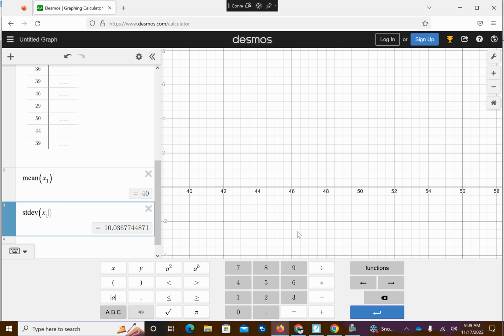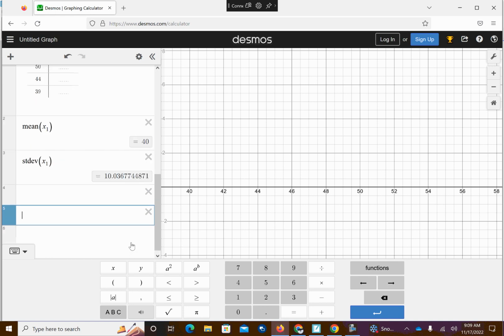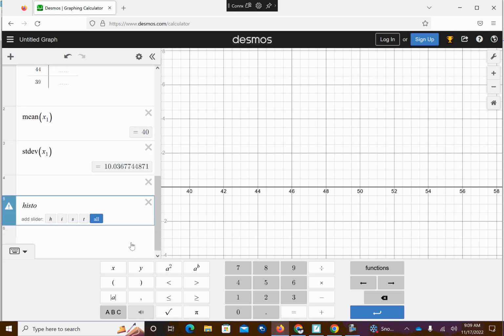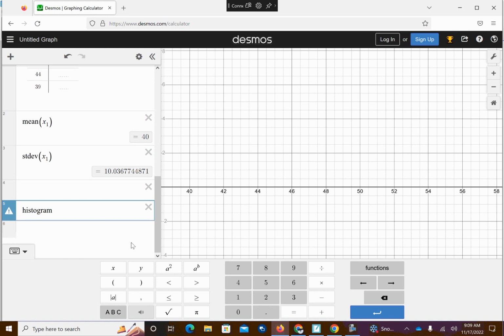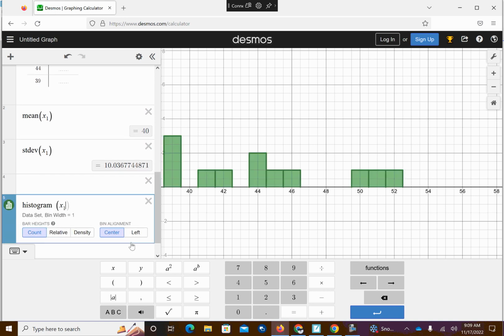Okay, so it says check each data set below for normality, creating a display: a histogram, dot plot, or stem plot. Okay, so let's do a histogram of x1.